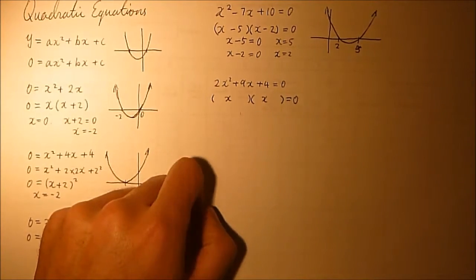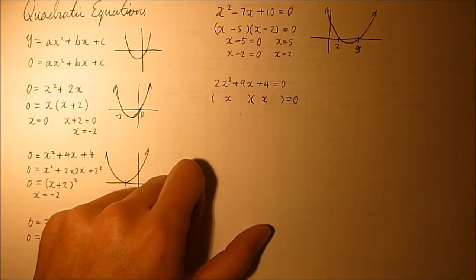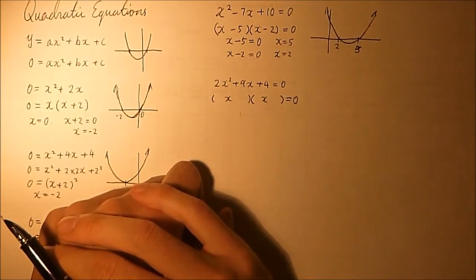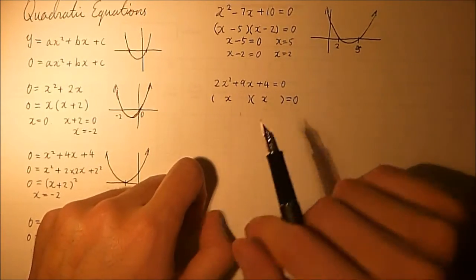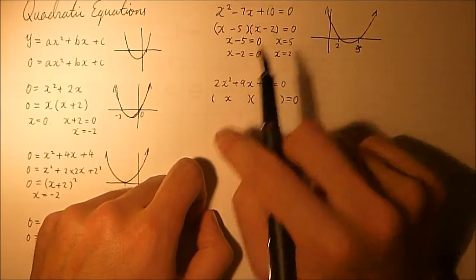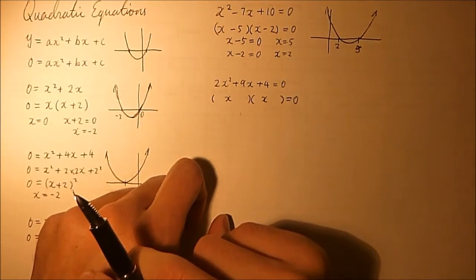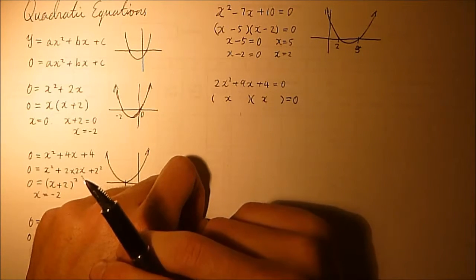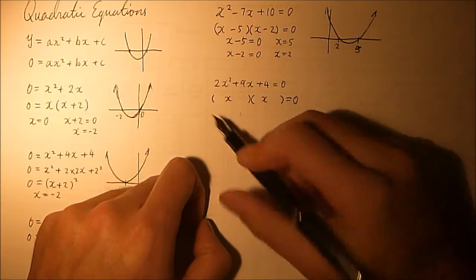To solve this, we have to resort to the cross method, where we break down this term and this term into their factors and we manipulate them until we get the middle term. It's unfortunately a trial and error process, and sometimes you have to make more than one attempt.